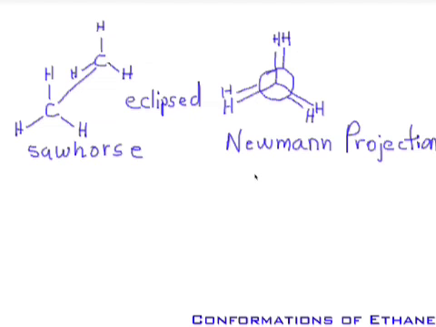They both symbolize the same thing, the eclipsed conformation. You need to be able to draw both for the molecule ethane. Well, as I stated earlier, we can rotate around the sigma bond.